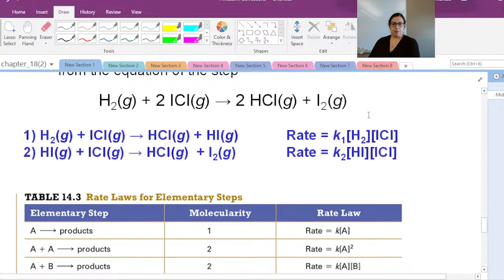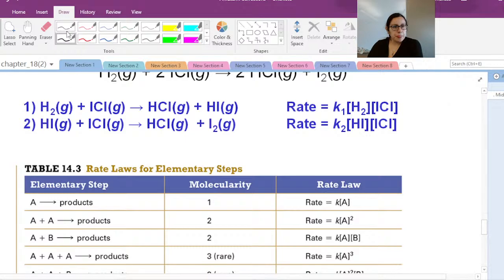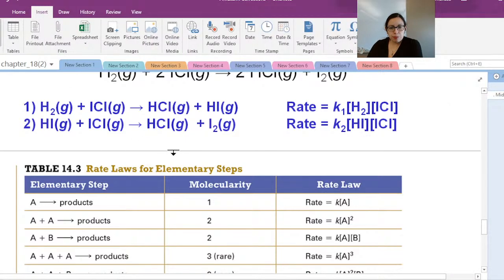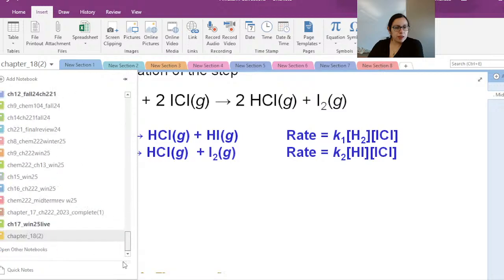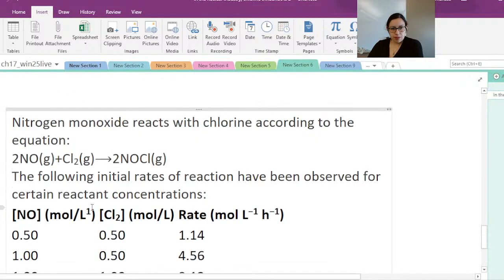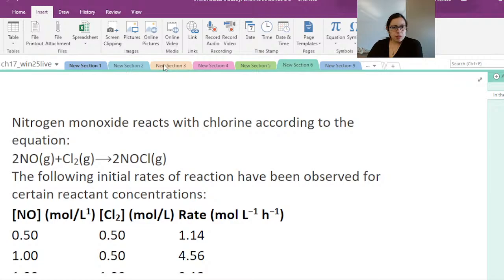All that's been done up here is we're just rewriting our rate based upon our equations from chapter 17. You might want to pull up your chapter 17 cheat sheets. I forgot to update the live notes for 18, so I'll do that shortly.